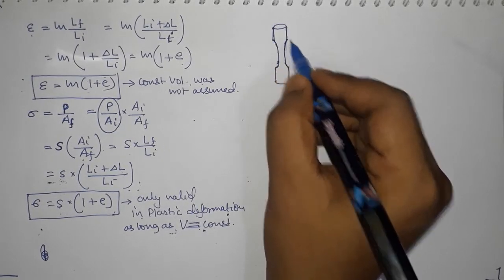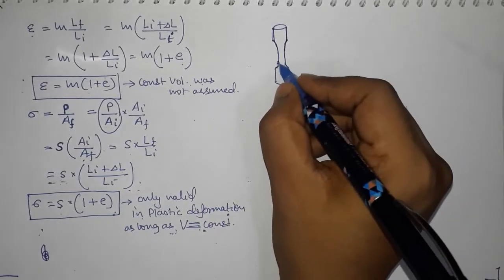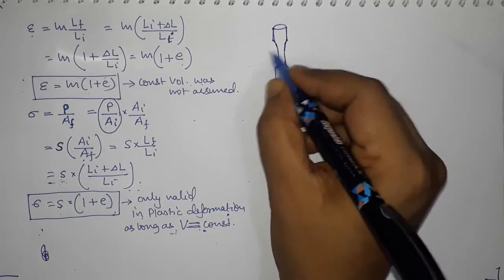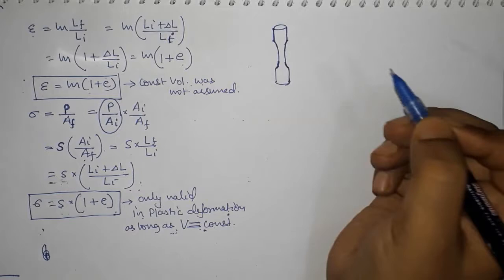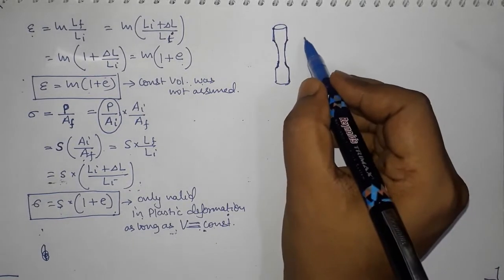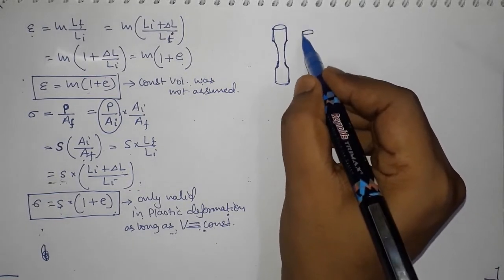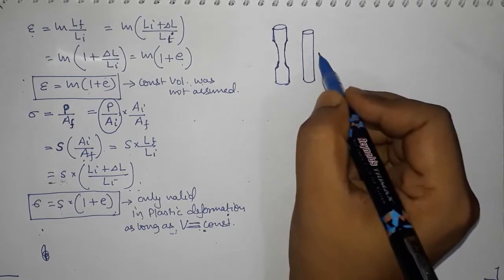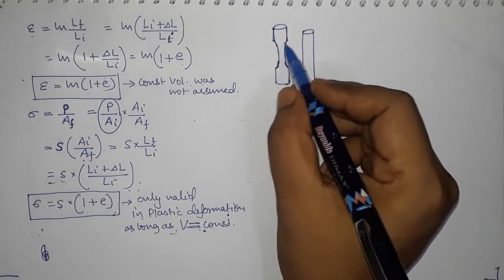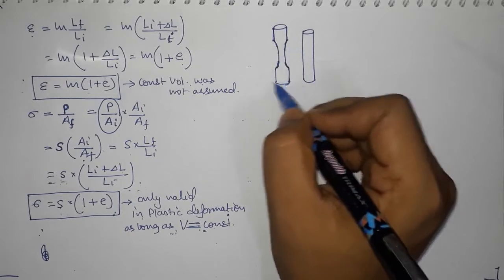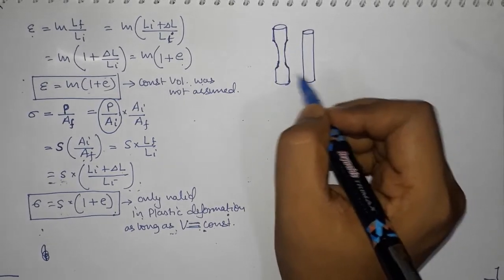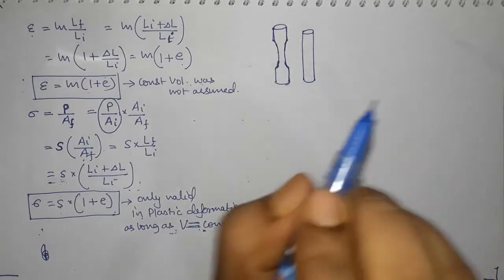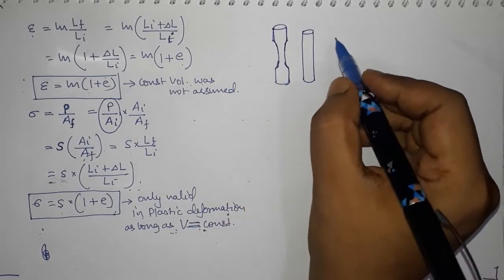So the question is, why is the design of the tensile sample such? Why, instead of just putting this cylindrical bar in the machine, do we make such a design to test the tensile properties? So we will come to this question later.